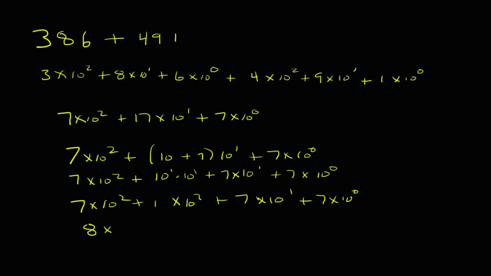And we end up with 8 times 10 squared plus 7 times 10 to the first plus 7 times 10 to the 0. So that's how you end up regrouping or carrying from an algebraic or power perspective. Now, how does that help us with this? Oh, we just did this.